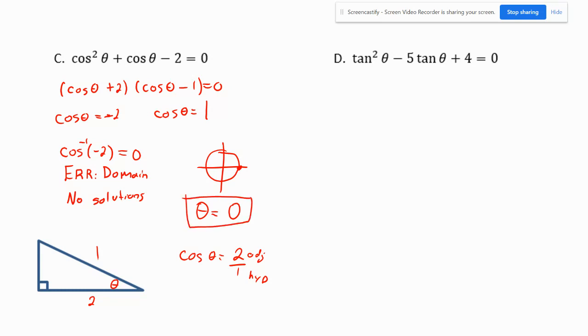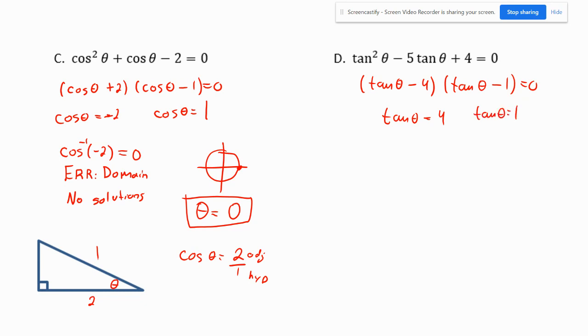Okay, all right. Tan squared minus 5 tan plus 4 equals 0. So we're going to factor this guy, and it goes tan theta minus 4, tan theta minus 1. So we're going to get tan theta equals 4, or tan theta equals 1.